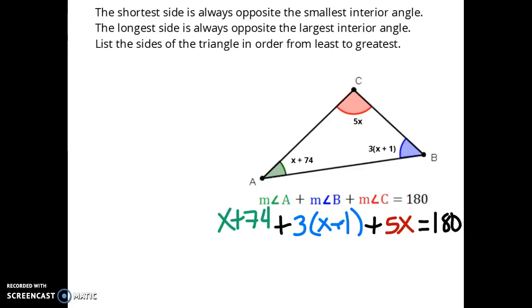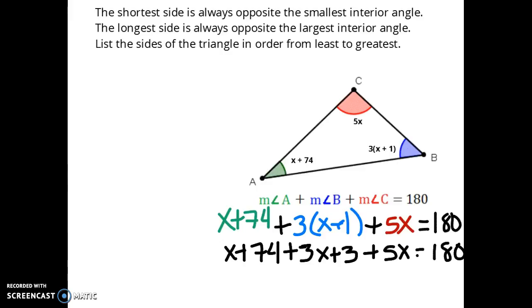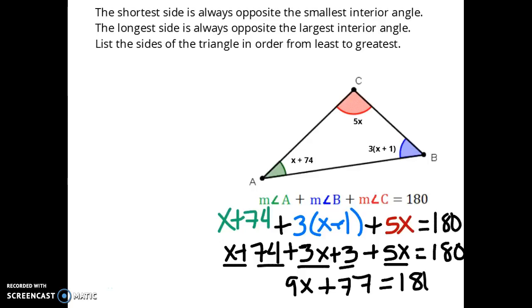So let's simplify this equation. Five plus 3 plus 1 is 9x. 74 and 3 is 77. That equals 180 degrees.